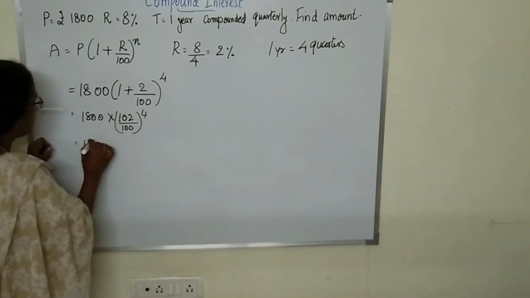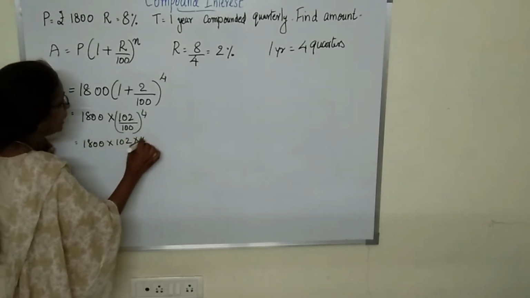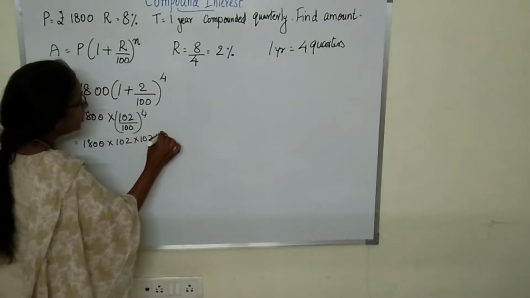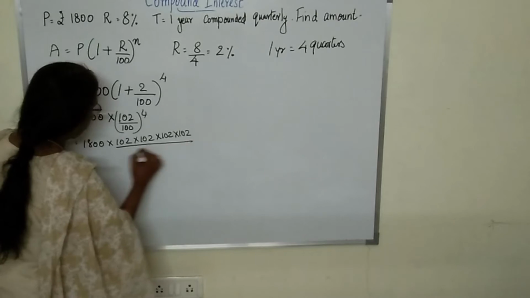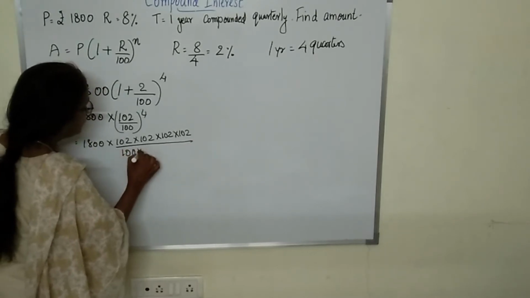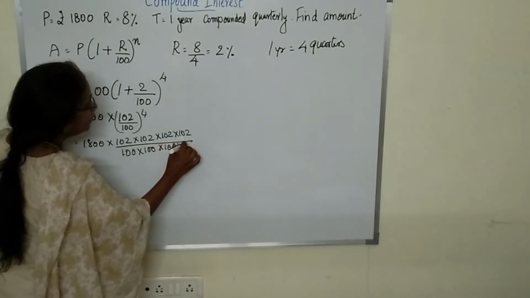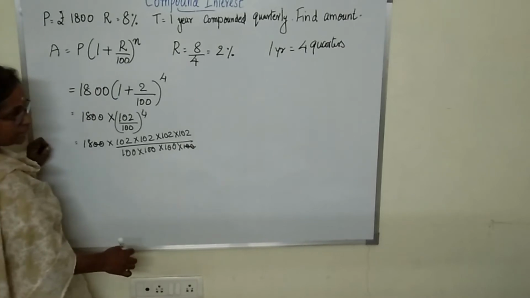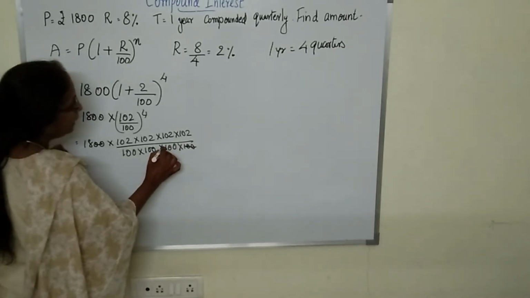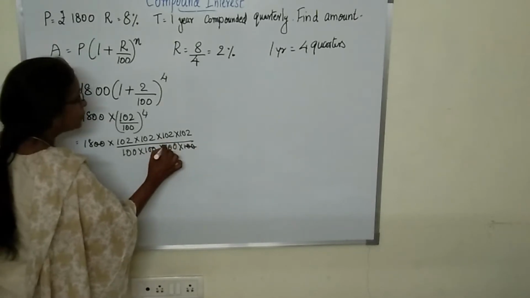That is 1800 into 102 into 102 into 102 into 102 upon 100 into 100 into 100 into 100. So once we can cancel out. Now here if you do cancellation, it is possible if you wish to do.